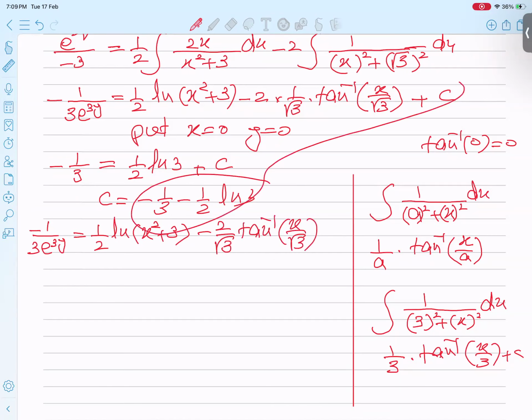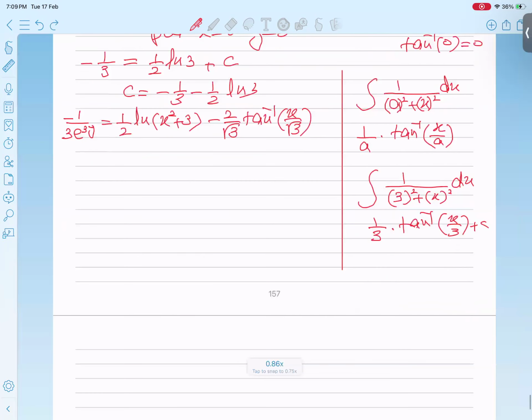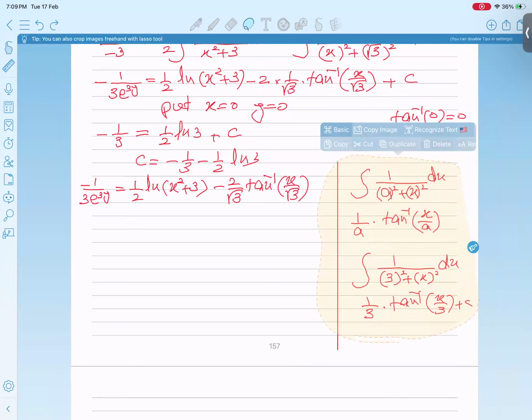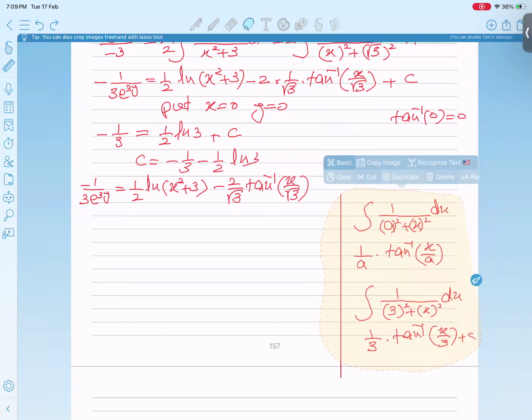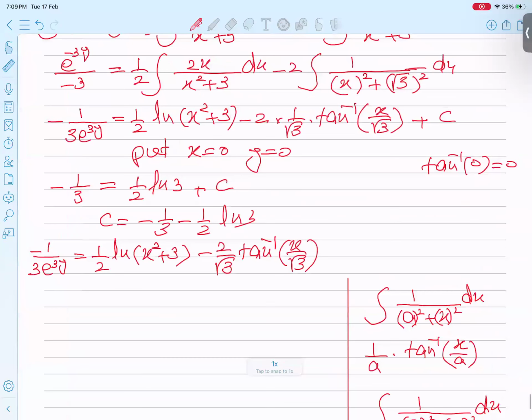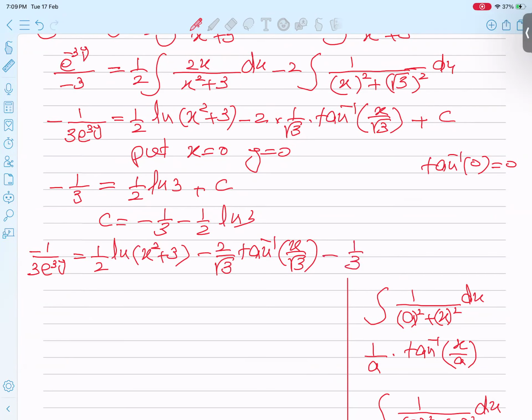And these both values I'm going to plug in there, but the problem is space. One minute, students. So I'm going to bring it slightly down. Okay, now I can work easily. So get ready, and I'm going to plug in these values completely, this c value here. So let's start. Negative 1 over 3, negative 1 over 2, logarithm of 3.